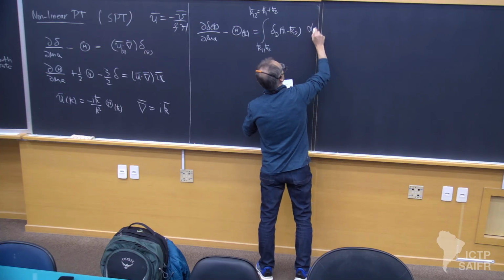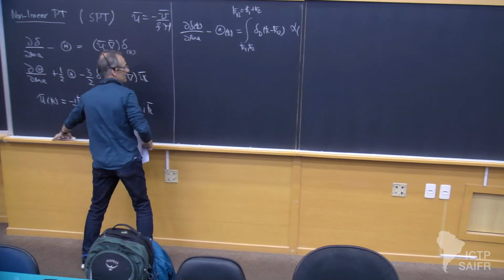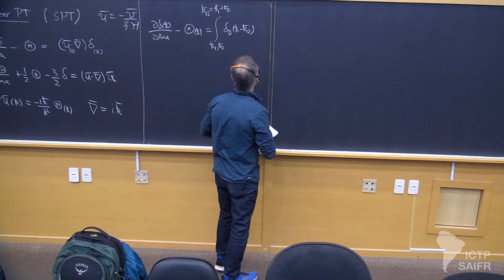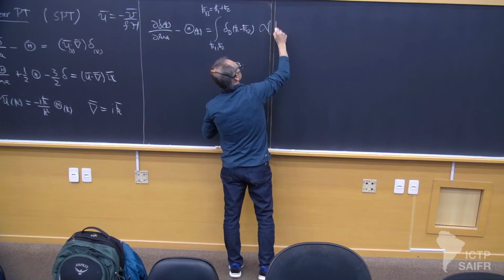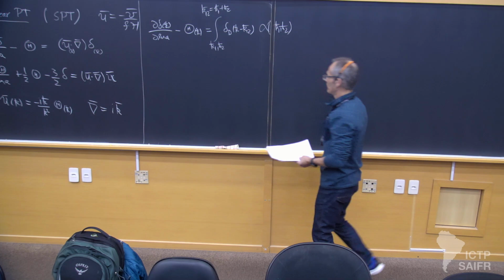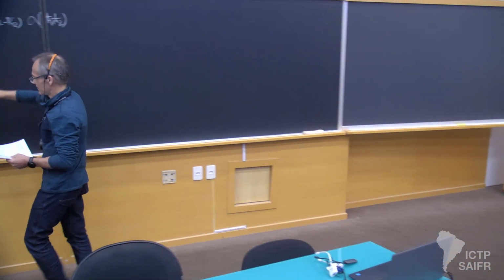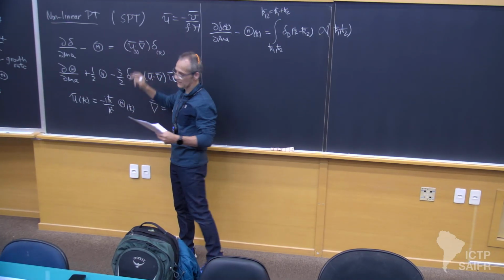Then there will be some coefficient there, alpha of K1, K2, which describes this Fourier structure having to do with this scalar product between this guy and this guy, okay?